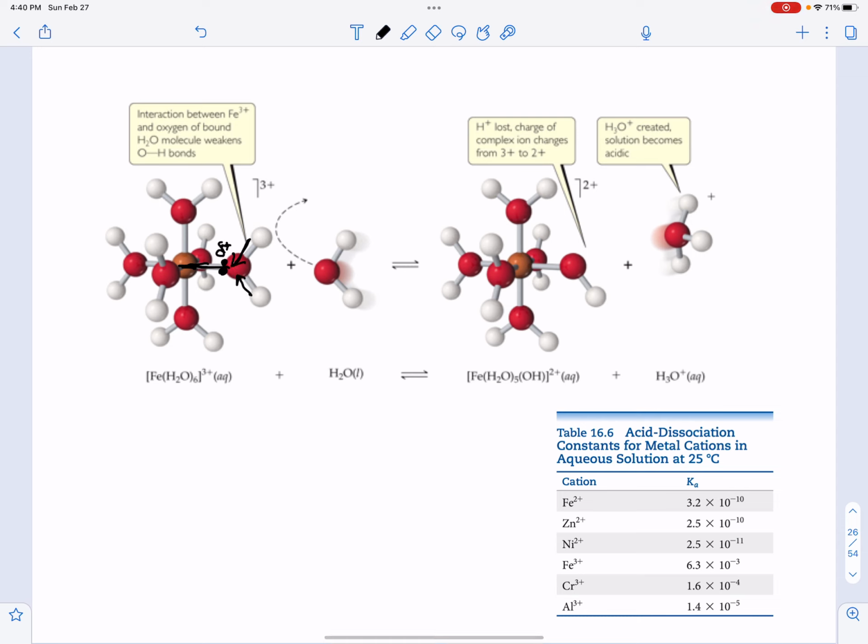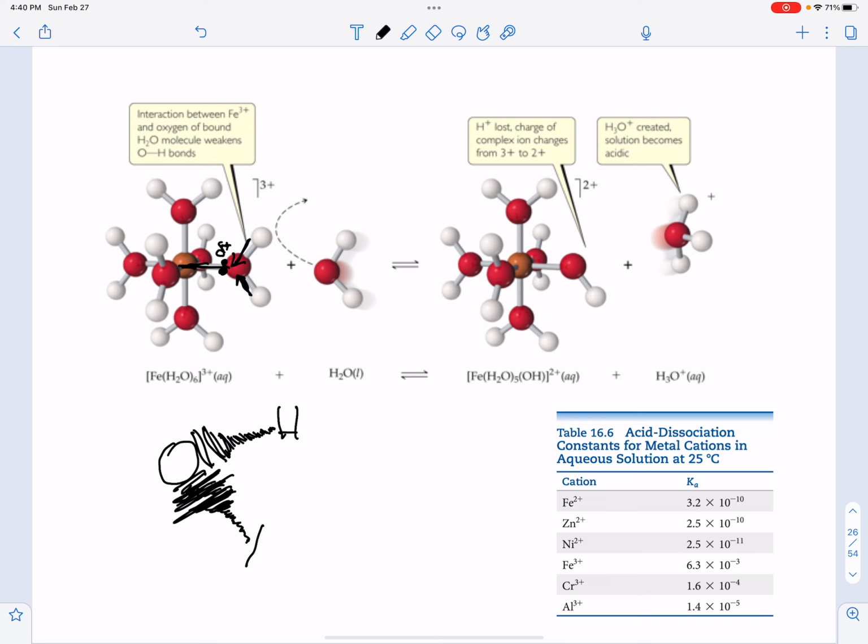It's trying to replenish itself, attracting the electrons toward it, making the hydrogen be hanging there by a thread. That's the way I like to see it.